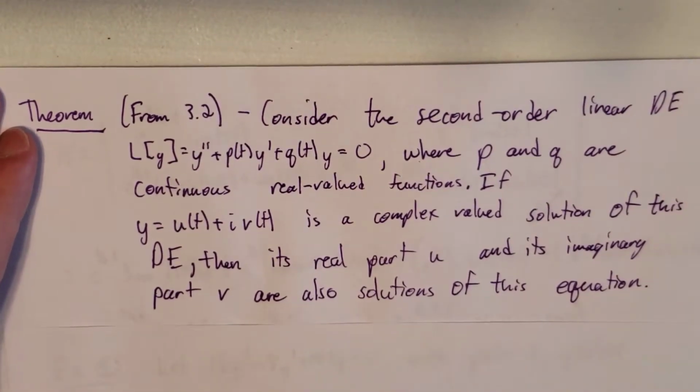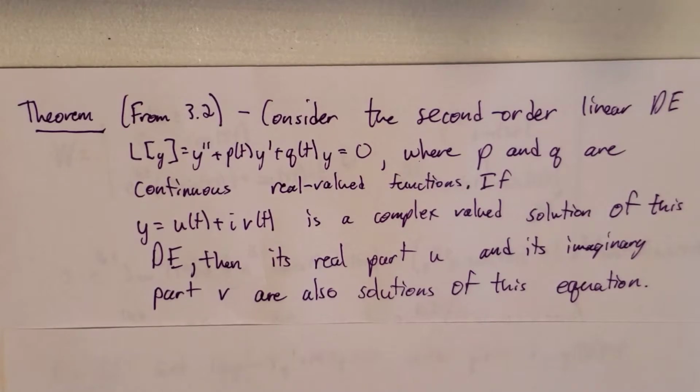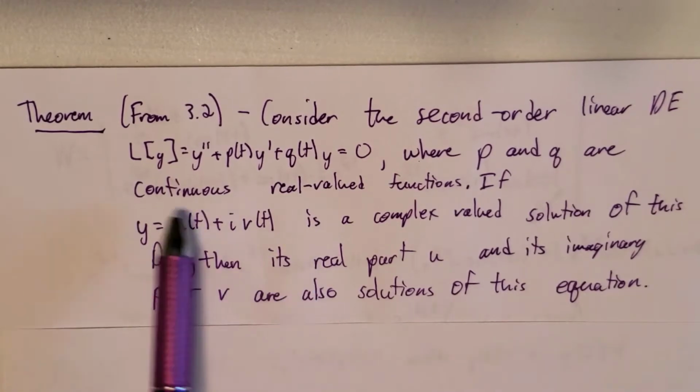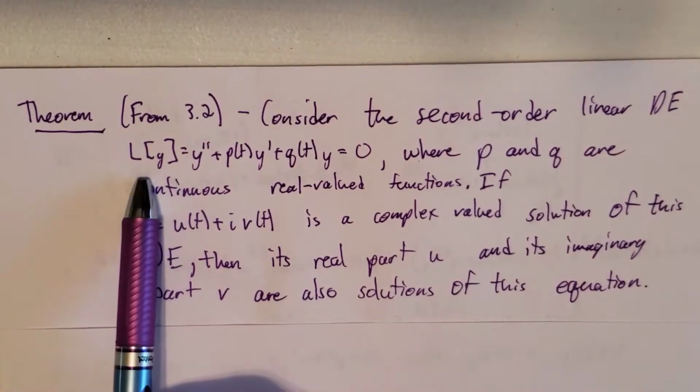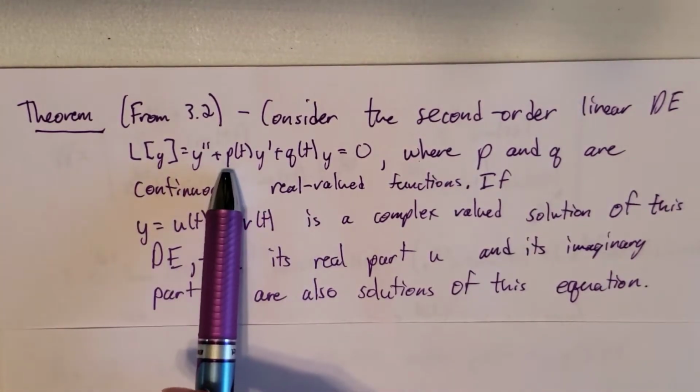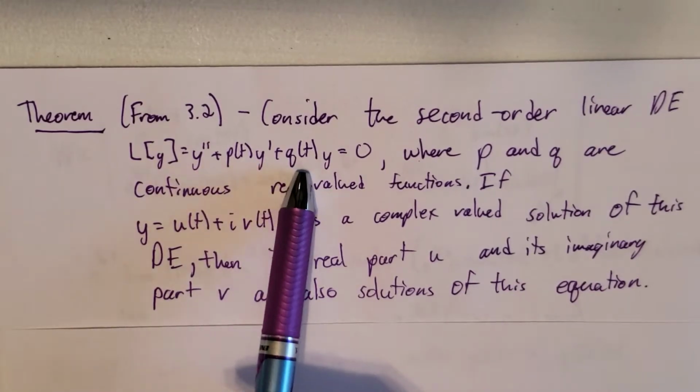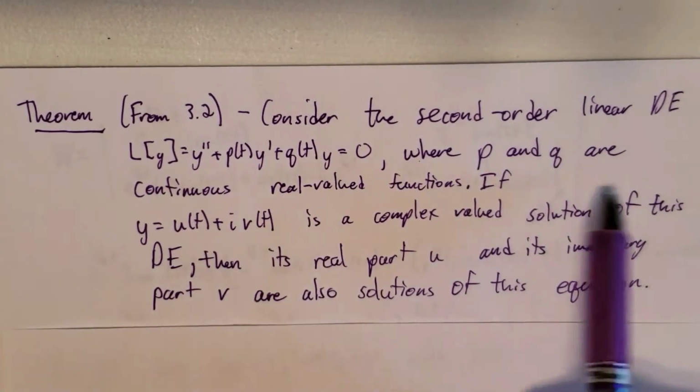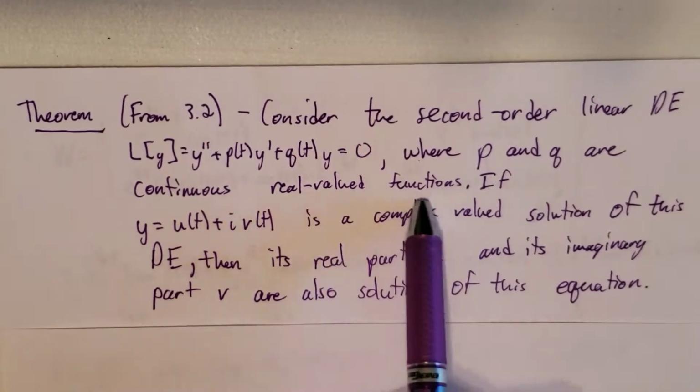This theorem is actually in section 3.2, but we didn't cover it in that section because it fits more in section 3.3. This is really when we're going to use it, so I waited to mention it until now. Consider the second order linear differential equation L of y equal to y double prime plus p of t y prime plus q of t y equal to 0, where p and q are continuous real-valued functions.